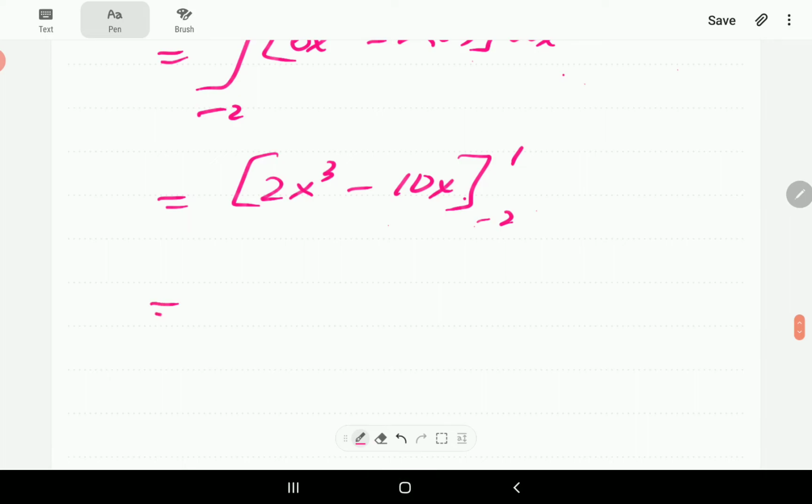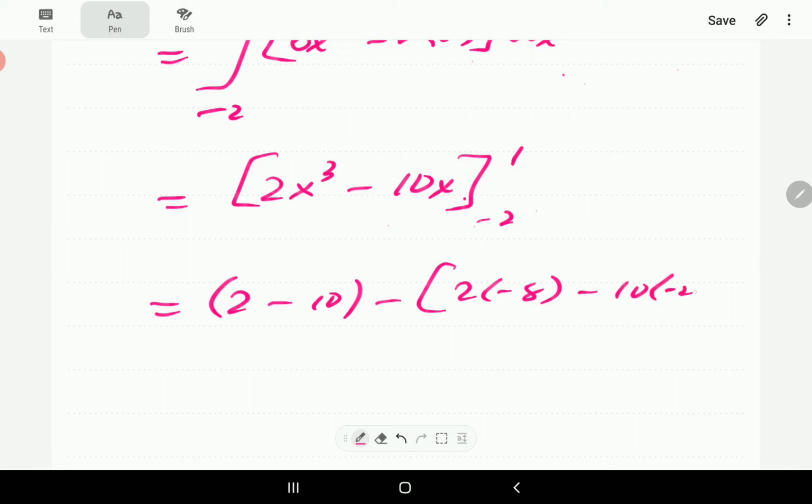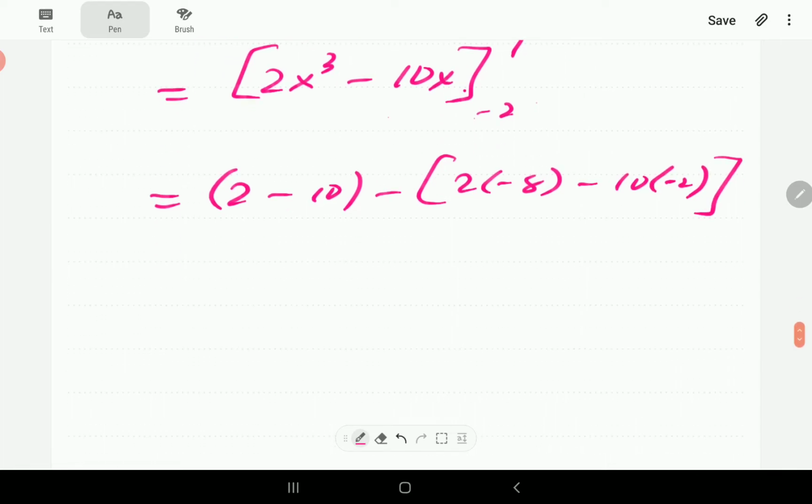if you plug in 1, it's going to be 2 minus 10. And then take away, if you plug in -2, it's going to be 2 times -8. And then take away 10 times -2. This is going to be -8 minus -16, -16 plus 20.